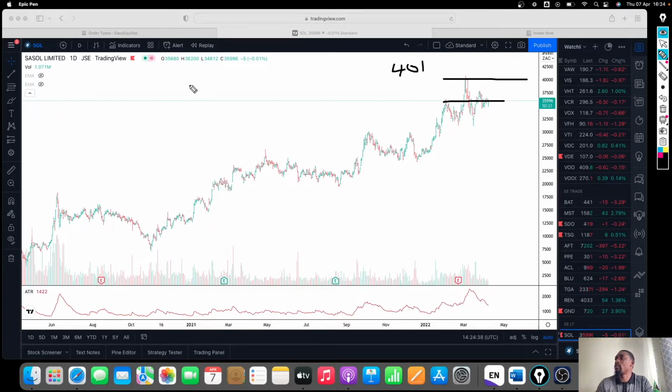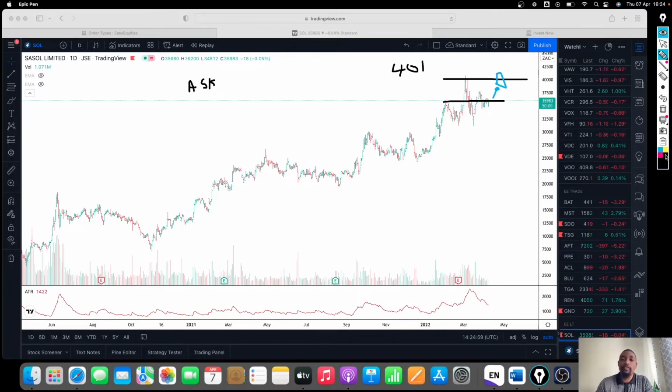Now what you are looking for is an ask. Your trade is only going to be executed if there is an ask price that is greater than 401 rand. That means that the share price has to reach 401 rand. It has to go up. Then once it reaches 401 rand, your trade is going to be executed.